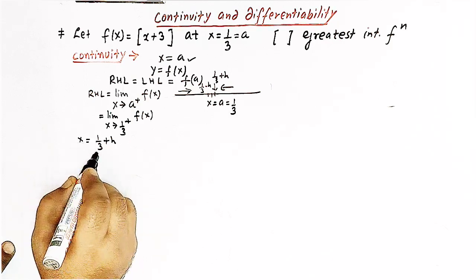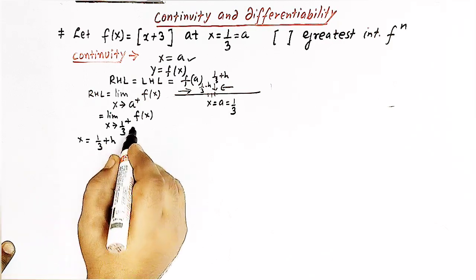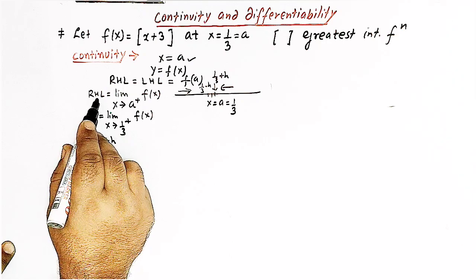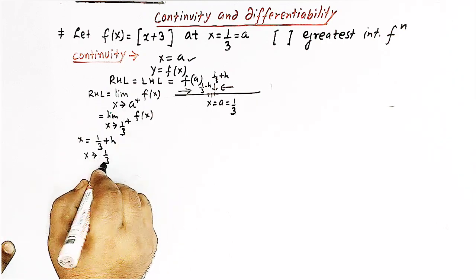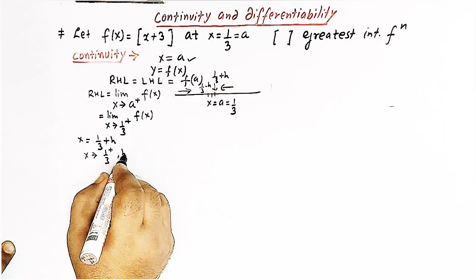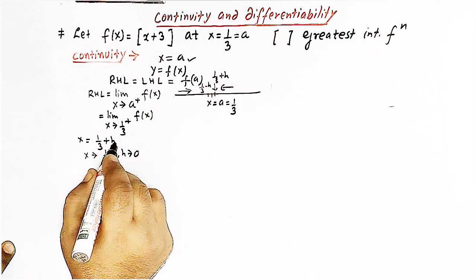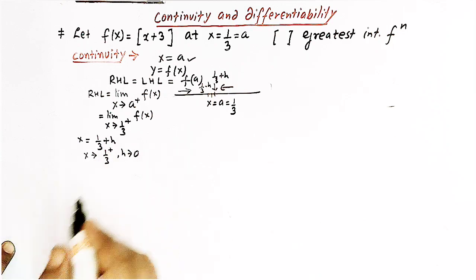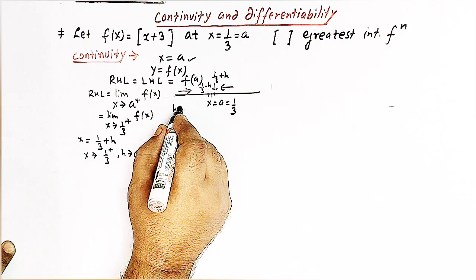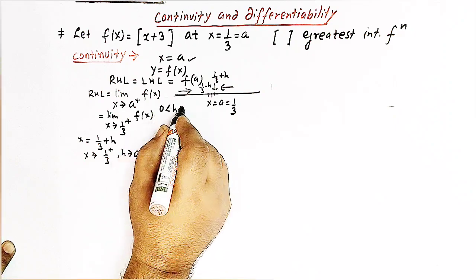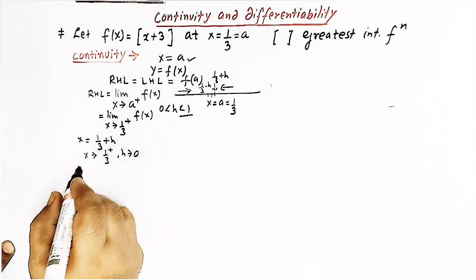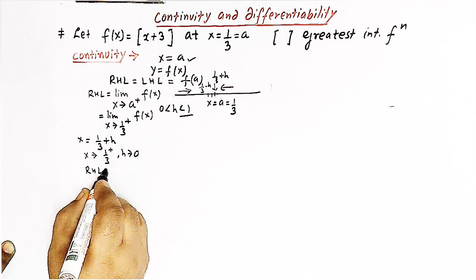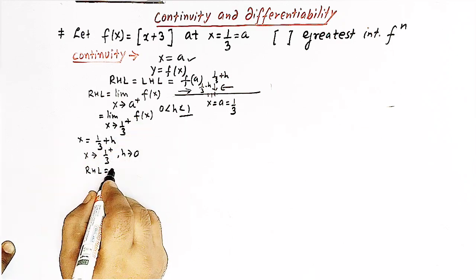We take x = 1/3 + h for the right hand limit, and when x tends to 1/3, h tends to 0. Remember, h is a positive quantity and it lies between 0 and 1.